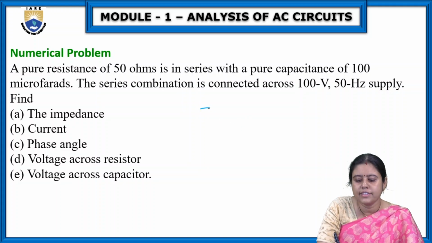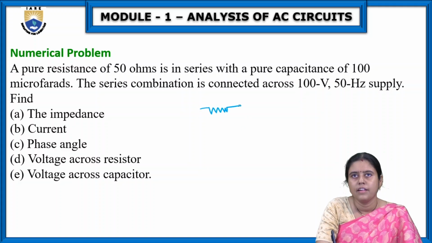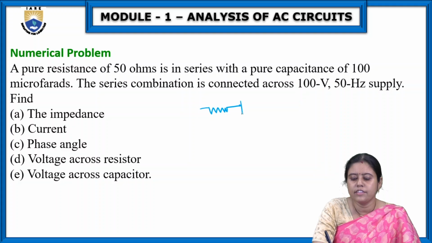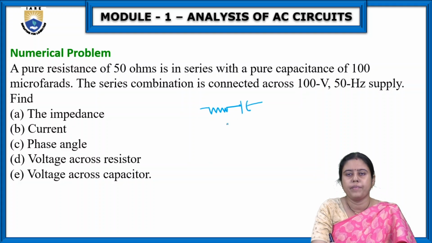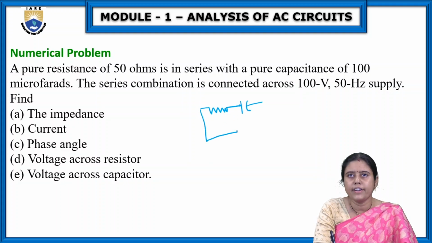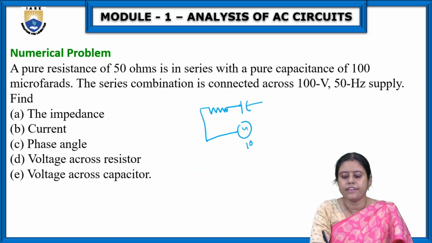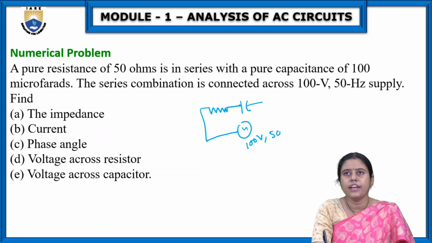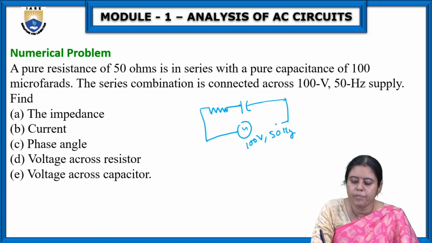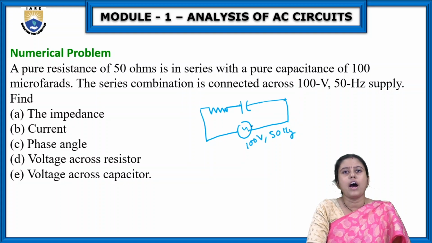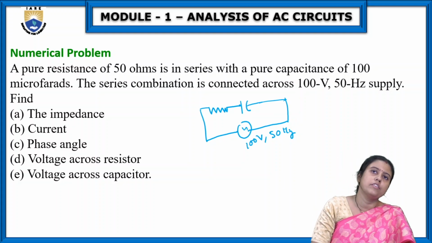So a pure resistance is connected in series with a pure capacitance, and we are connecting it to a 100 volt, 50 hertz supply. Always, before starting any problem, draw a diagram of the given question.